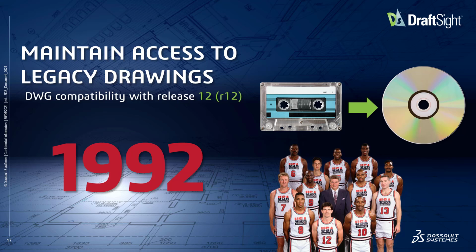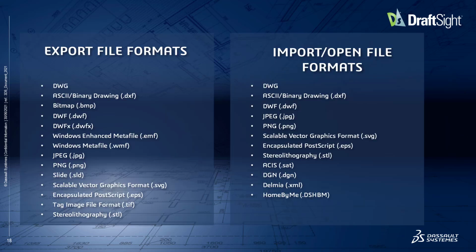DraftSight has compatibility dating back to Release 12, and Release 12 was introduced in 1992. To put that compatibility into context, 1992 was just when cassette tapes were phased out in favor of compact discs, and the famous Dream Team was assembled for the Summer Olympics. So that backwards compatibility dates back a long ways.